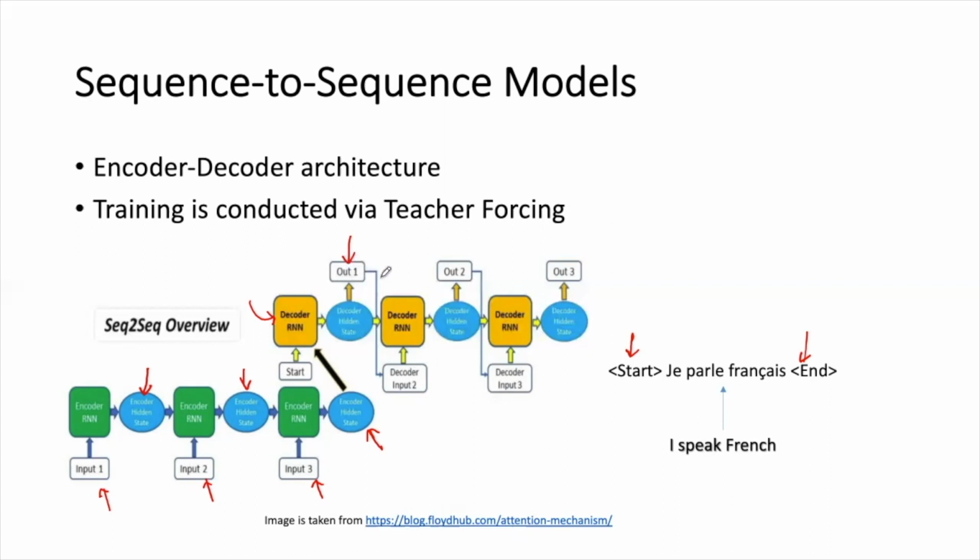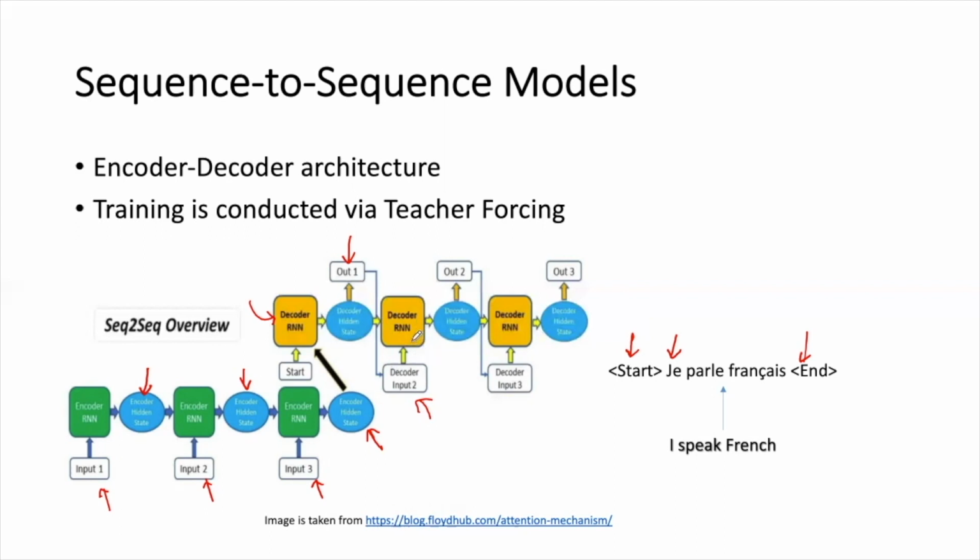Now, once we generate the first output word, we pass it on as an input to the next step. Let's say, for example, the first word is J. Through our word embeddings, we have a representation for J, and that vector representation for J is what is passed here.